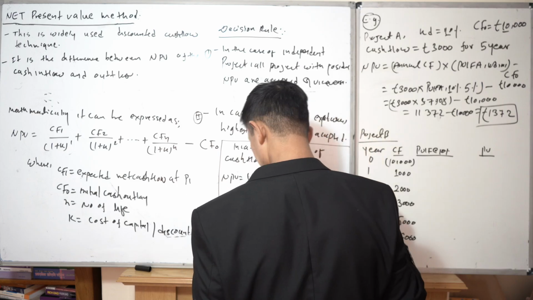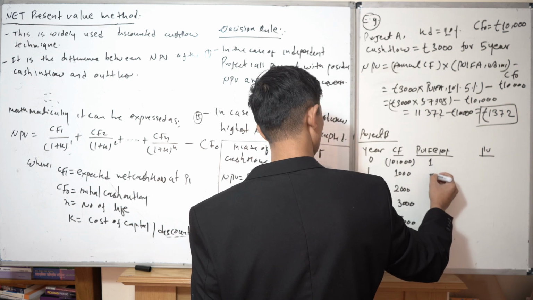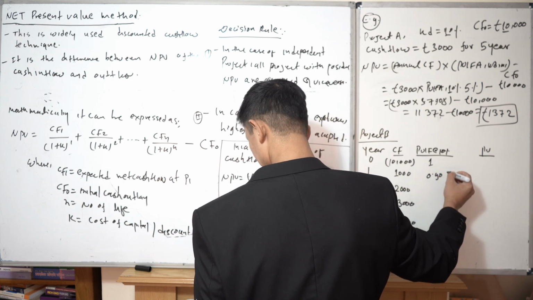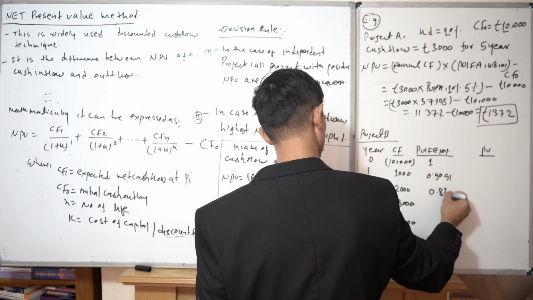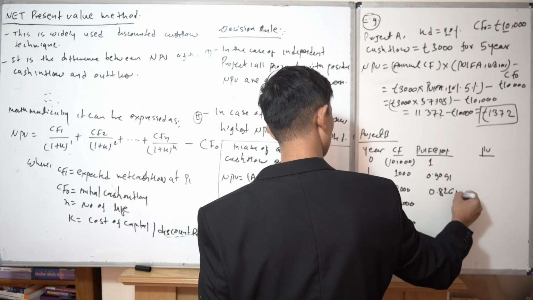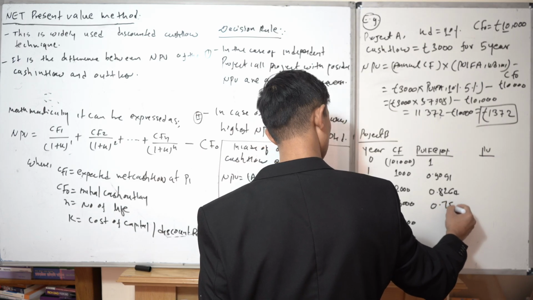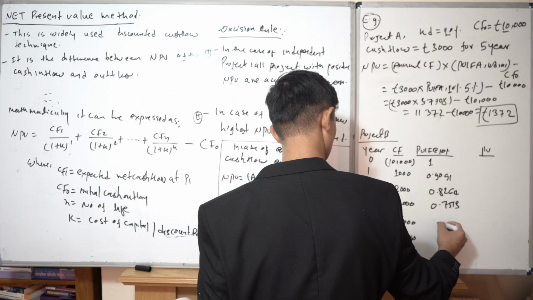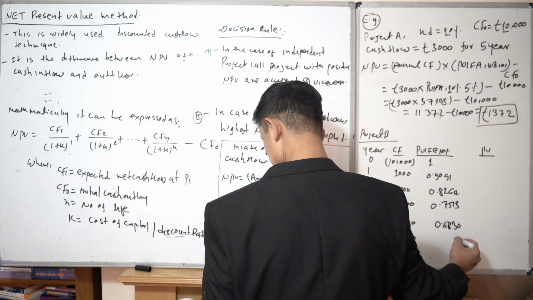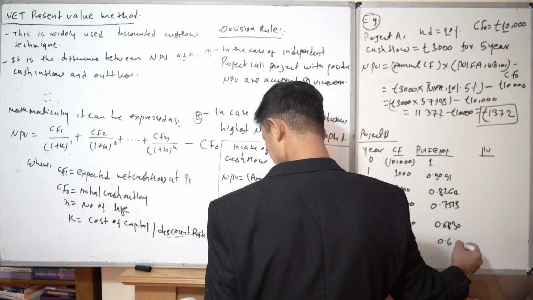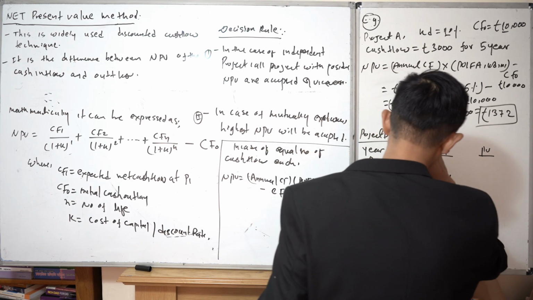So the present value factors are 1 for year 0, 0.9091, 0.8264, 0.7513, 0.6830, and 0.6209.